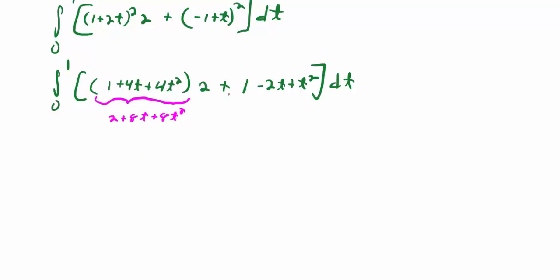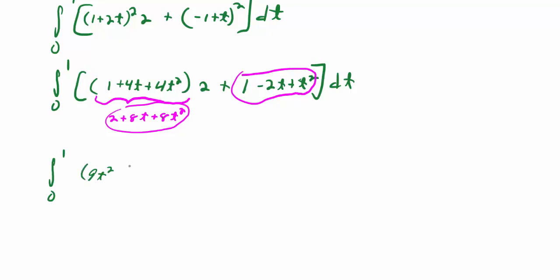So let's add like terms between the stuff in pink and the stuff in green over here. What do we get? Integral 0 to 1. Let's go in descending powers. What would we get? 9t squared. And then what would the coefficient of t be? 6, so plus 6. And then the constant would be 3 dt.